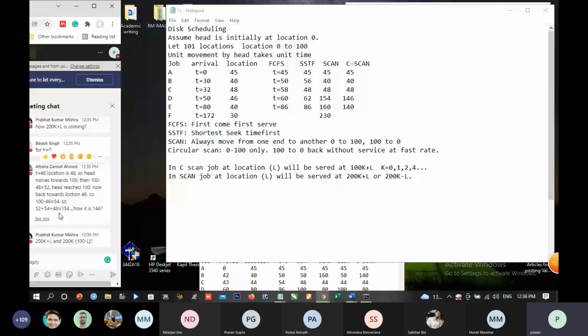At 48, 46. You see, it is 46 in circular scan. Jannat, in scan, it is 154 only. In circular scan, head will go from 0 to 100. Again from 0 to 100 and again from 0 to 100. Every time it is going from 0 to 100 only. Is it all right?